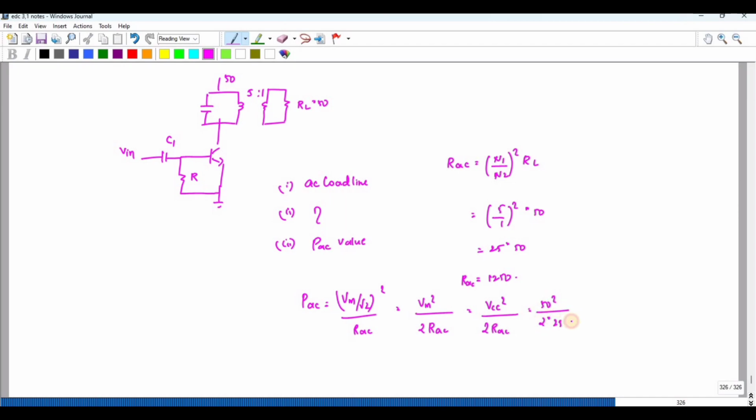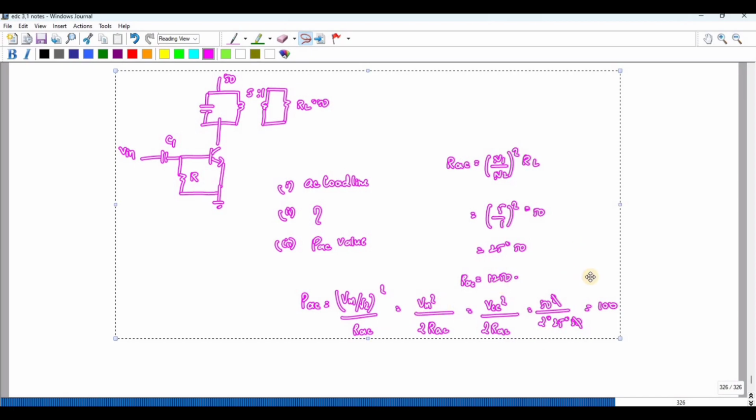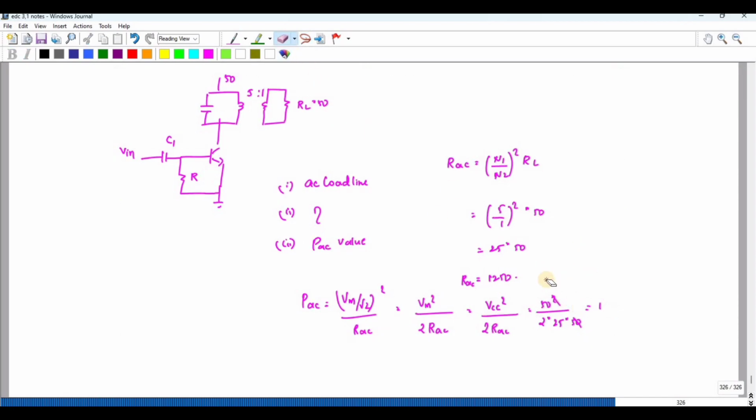So you substitute the value 50 square divided by 2 into 25 into 50. So we will get PAC equal to 1 watt.